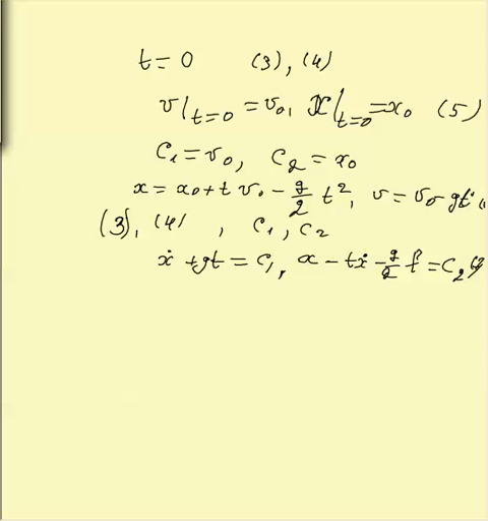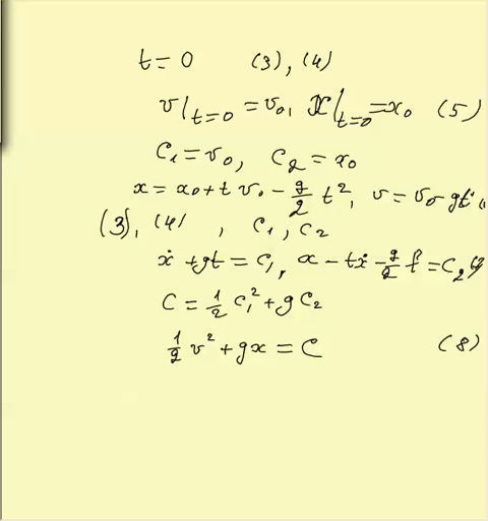We eliminate time t from the conservation law 7 and introduce the new constant c equals half of C1 squared plus g times C2, and obtain the following conservation law that does not involve the time explicitly: 1/2 times v squared plus g times x equals c. Conservation law 8.